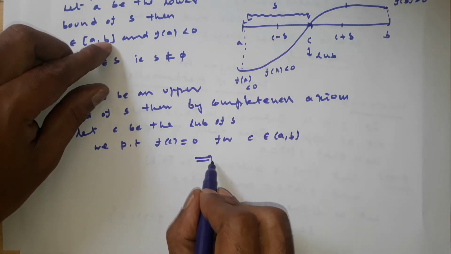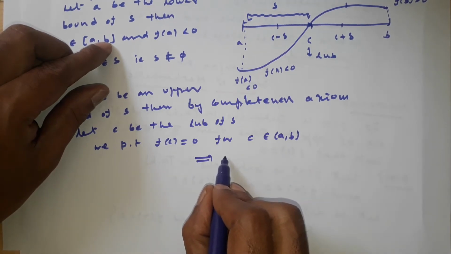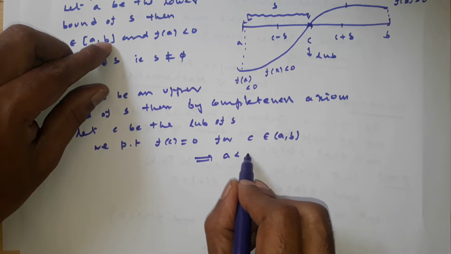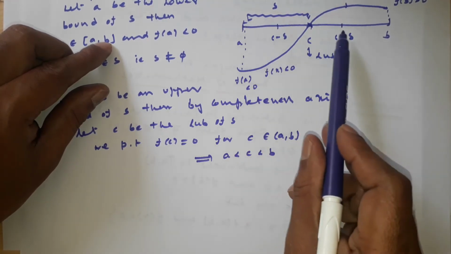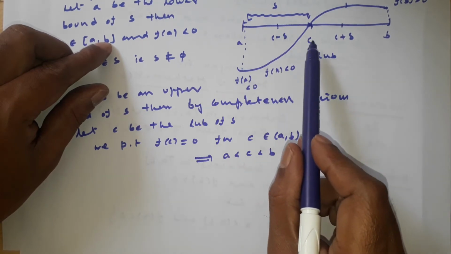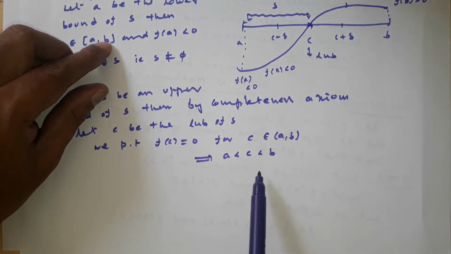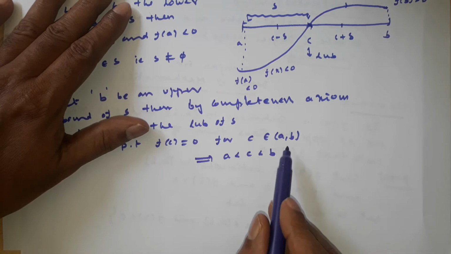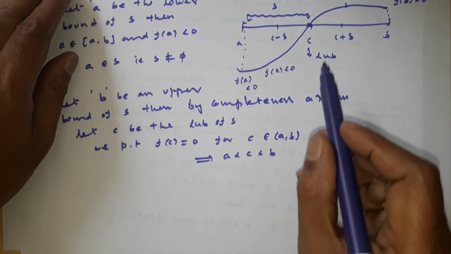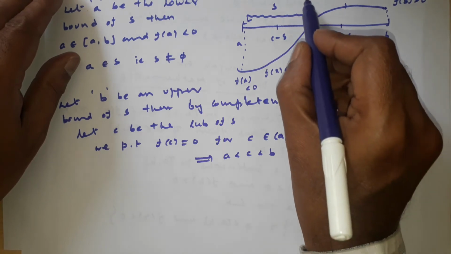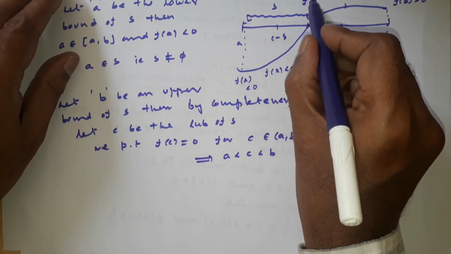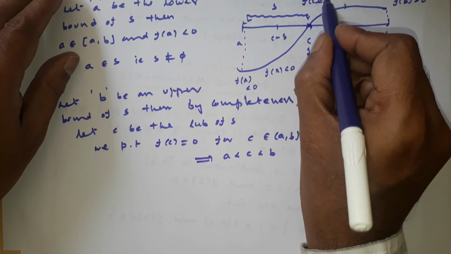This implies that c belongs to open interval a comma b means, in inequality form, a is less than c is less than b. Even in the figure also we observe that a is less than c and c is less than b. So now we first prove c belongs to open interval a comma b. That means one element exists in between the interval. After that, its functional value will be equal to 0. That we will prove.